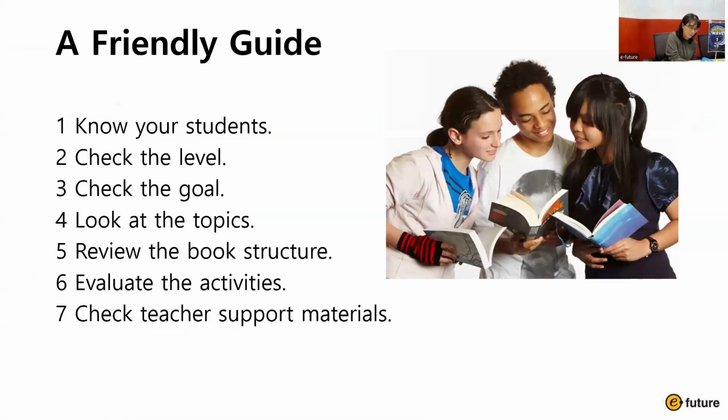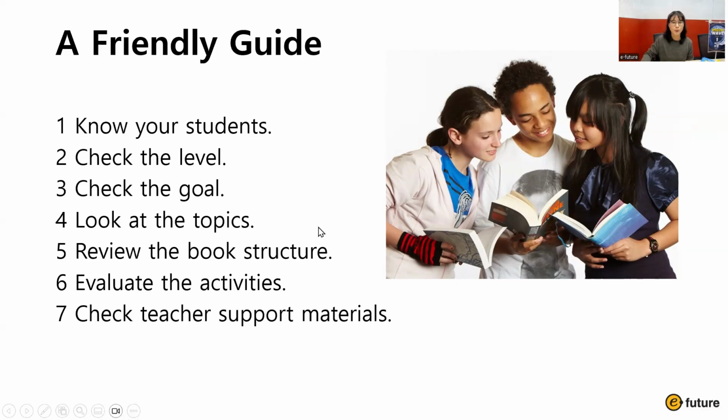Okay, so I talked about all 7 things on my guideline, right? So the most important thing is know your students, number one, right? You have to know your students, right? And then you can check out the books. You can check the levels, goals, topics, book structure, activities, right? And teacher support materials, right?